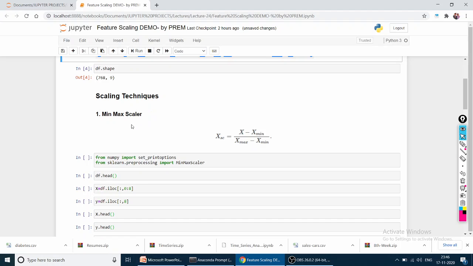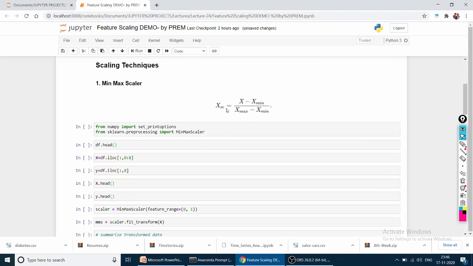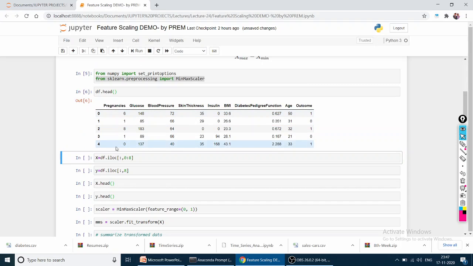If you apply the min-max scaler, what is the formula? Xi minus X minimum, divided by X maximum minus X minimum. For that purpose, we import MinMaxScaler from sklearn preprocessing. This is my dataset head part.